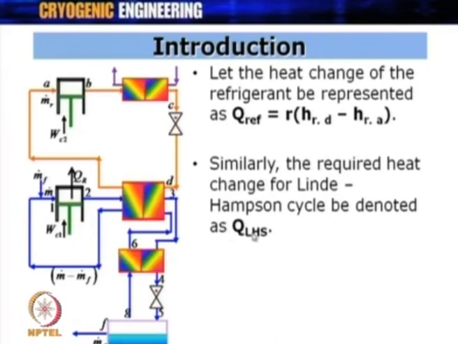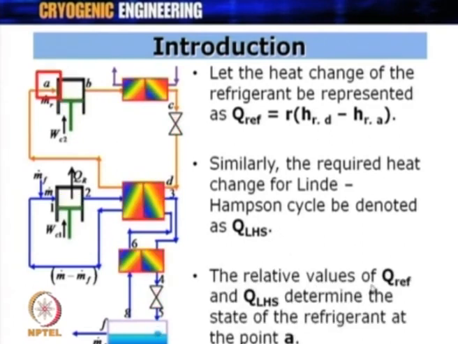So, the Linde-Hampson cycle system load will be determined by the whole of the 3 fluid heat exchanger. Now, what we want exactly is QLHS, and what this pre-cooled circuit offers is QREF. These two values actually should match if we have got an optimized value of QLHS. The relative values of QREF and QLHS determine the state of the refrigerant at the point A.